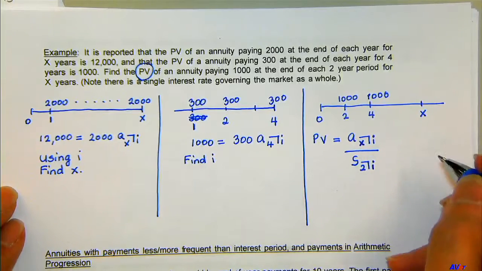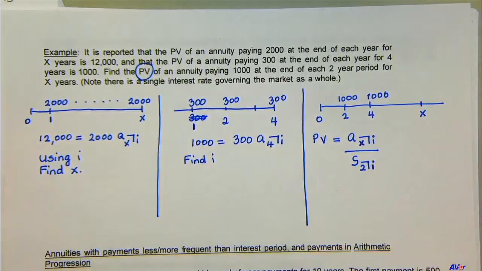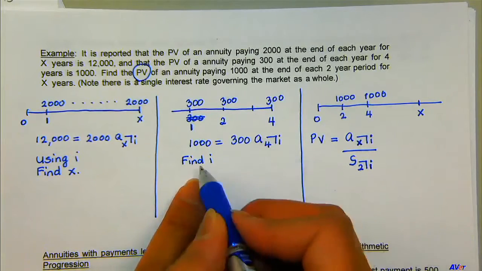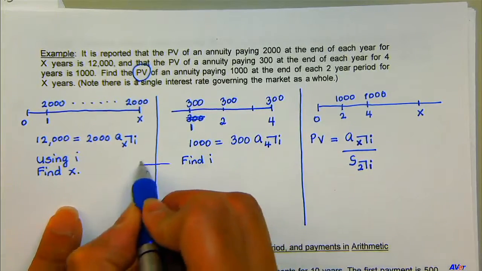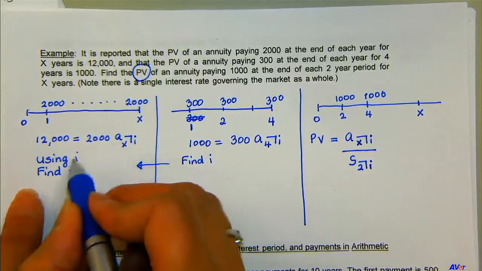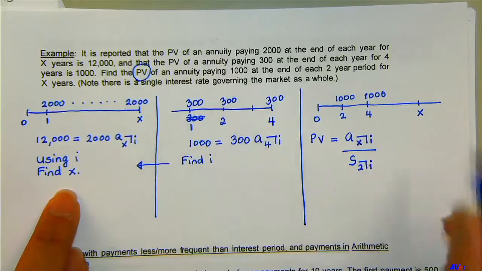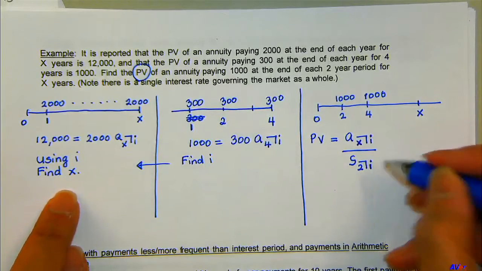Are you with me? You can do this, right? You can get through this. So here, the only unknown is I. After you find I, use that I here. The only unknown will be X. After you find I and X, go and plug in here. Finished.